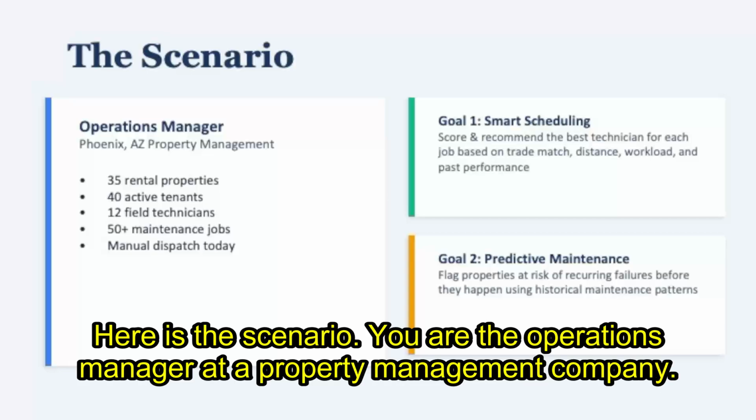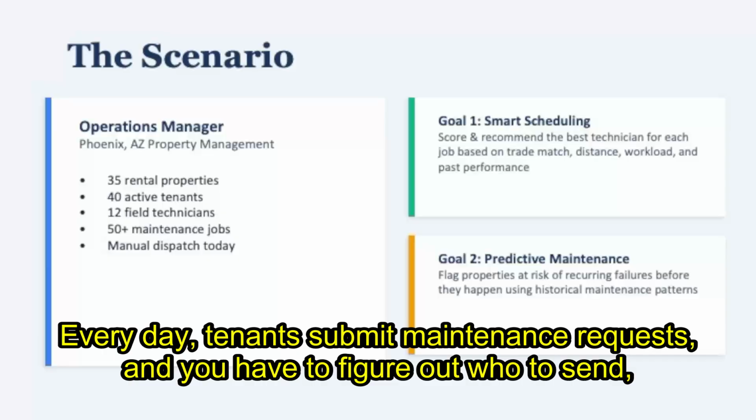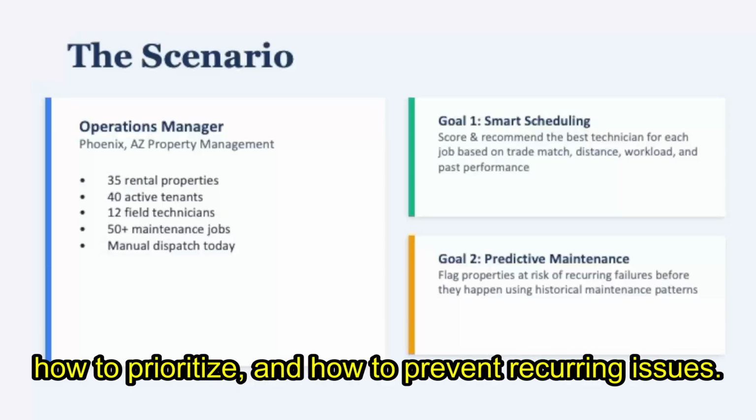Here's the scenario. You are the operations manager at a property management company. You manage 35 rental properties, serve 40 tenants, and coordinate 12 field technicians. Every day, tenants submit maintenance requests, and you have to figure out who to send, how to prioritize, and how to prevent recurring issues.